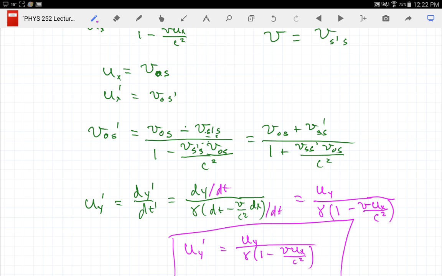So there's my equation for addition of perpendicular velocities. And of course, there's no point in doing dz because the only difference would be uz instead of uy on top.